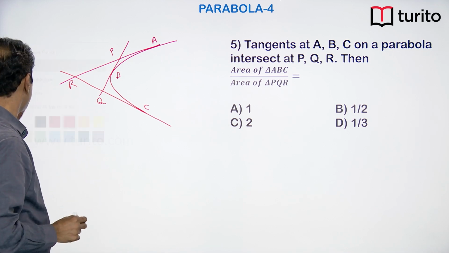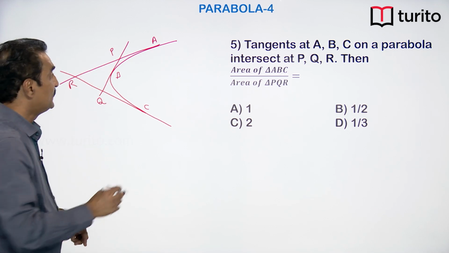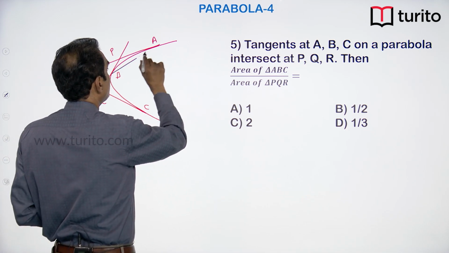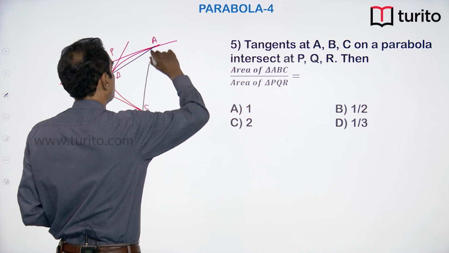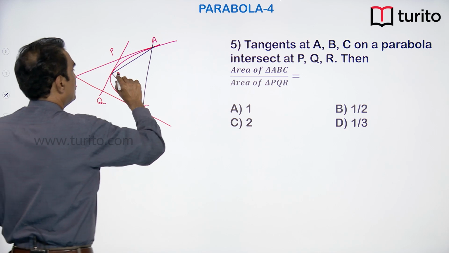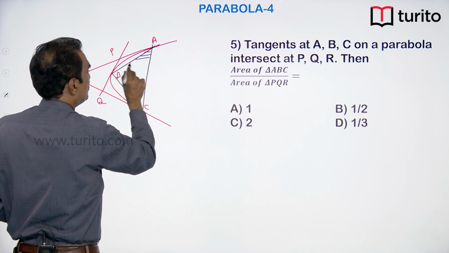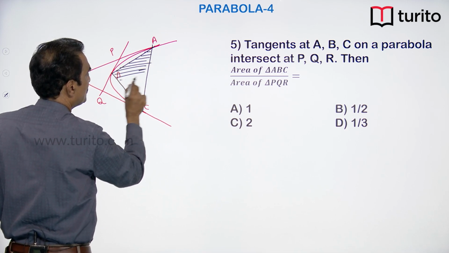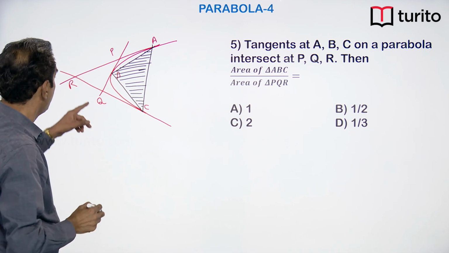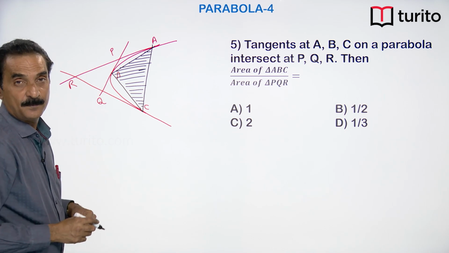Then the asked question is the area of the triangle ABC divided by the area of the triangle PQR.